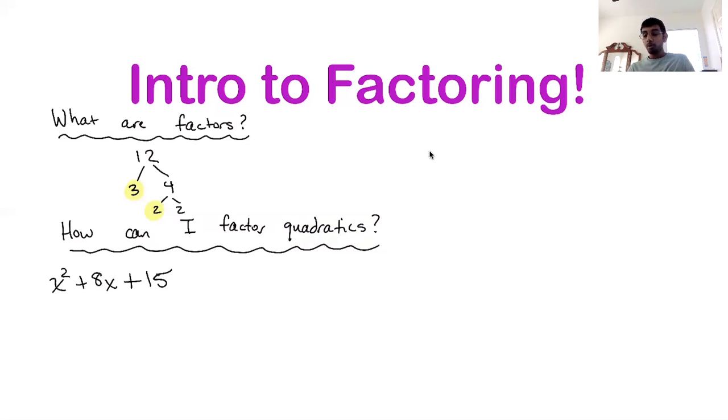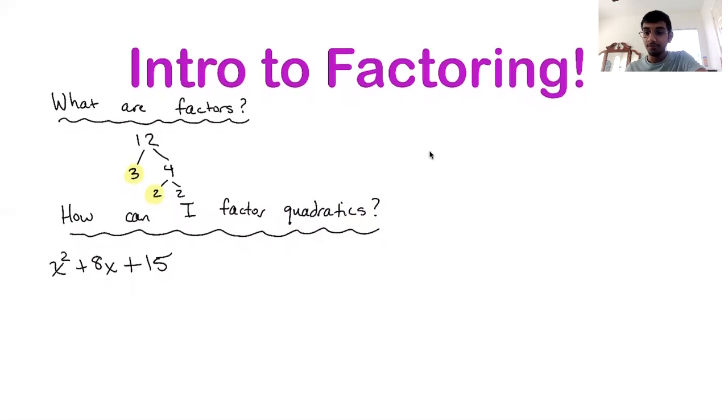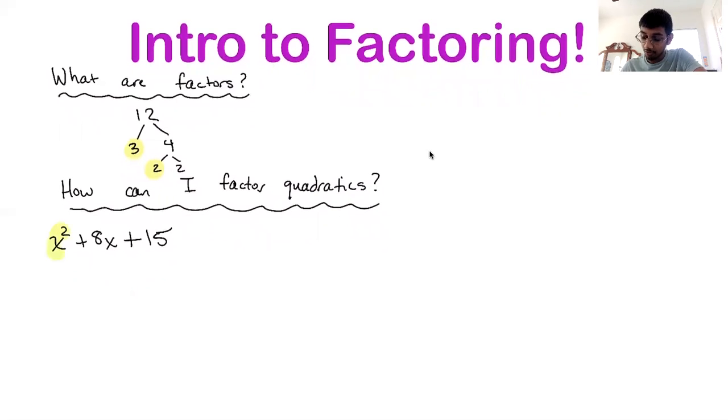Anyway, we want to break down this polynomial, x squared plus 8x plus 15. It may look a bit daunting, but let's see what we can do. The first thing we can do to figure out how to break it down is to find the product of the coefficient in front of the first term and the constant of the third term.